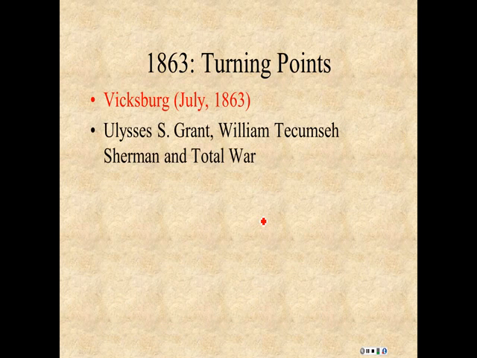The other thing that happens at Vicksburg is that Ulysses S. Grant emerges then as Lincoln's primary man to carry out the war. Lincoln has been looking for someone to take the war to the South. And Grant emerges as his man.